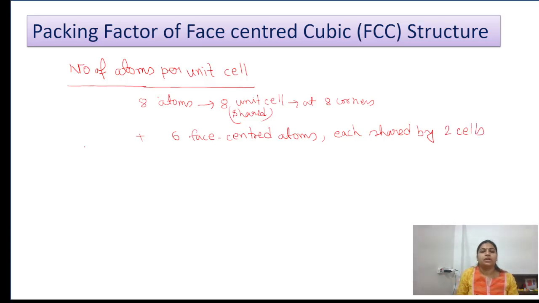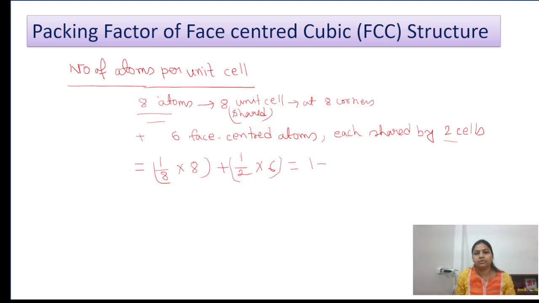So the total number of atoms per unit cell is equal to the contribution due to the 8 corner atoms, that is 1 by 8 into 8, plus the 6 face-centered atoms, each shared by 2 unit cells, so half into 6. This equals 4.